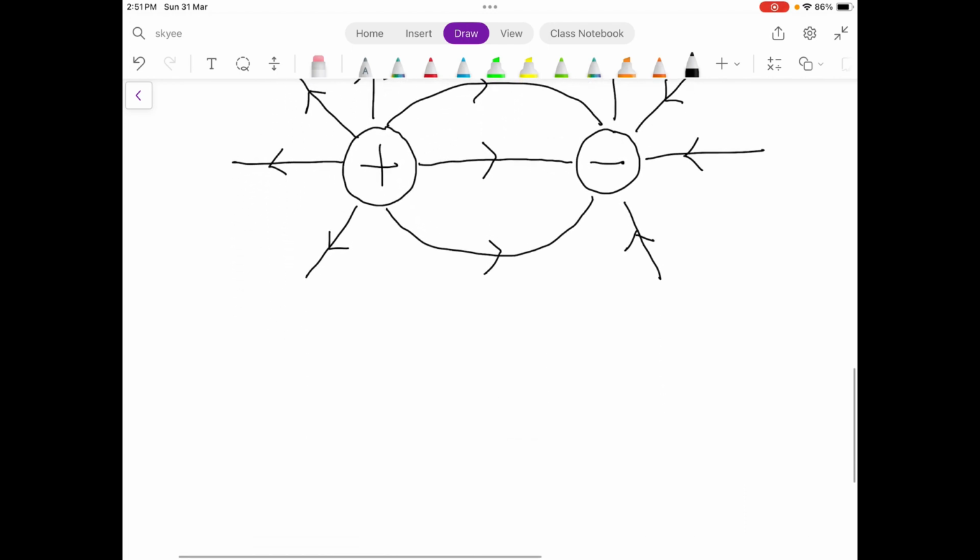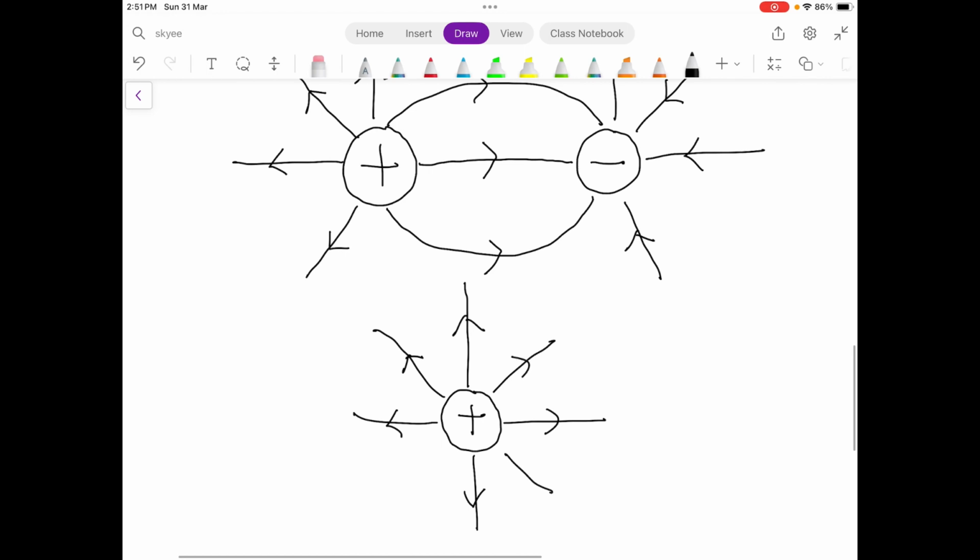So now imagine I take a charge here. A charge can be positive or negative, and we already know there will be an electric field surrounding it. For the positive charge, the electric field will be outward, right?